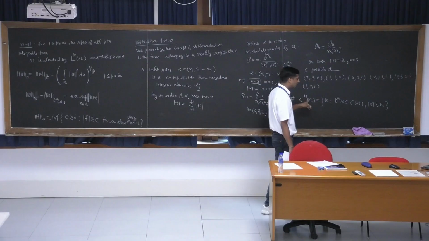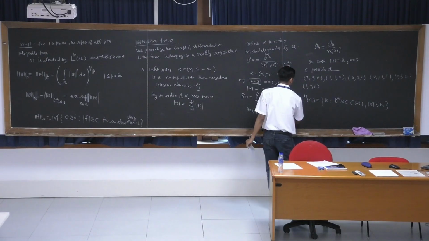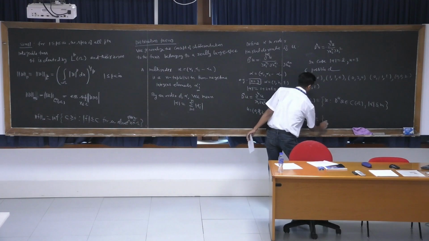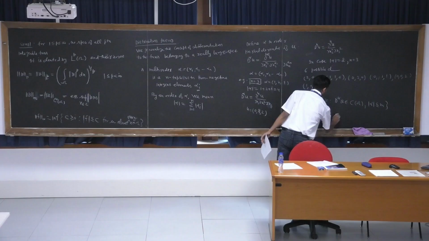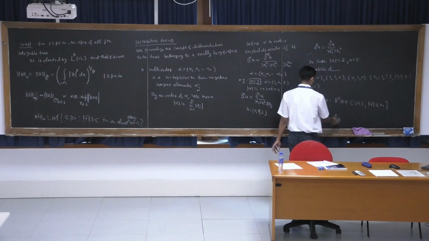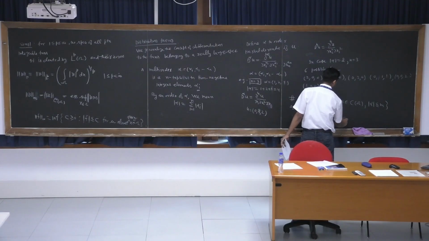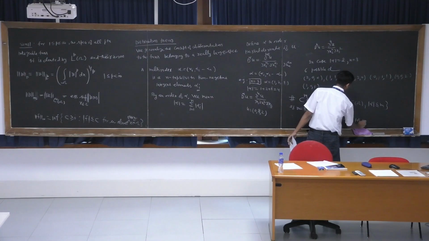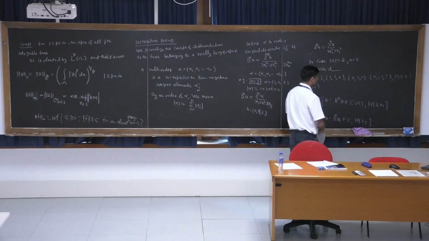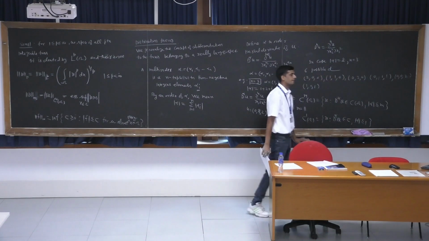For example, I am just saying m is equal to 1 here. So what will be C^1? Those functions v such that D alpha v belongs to C, with mode of alpha less than or equal to 1, because m is 1 here.